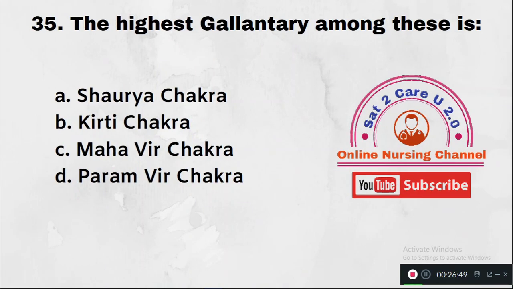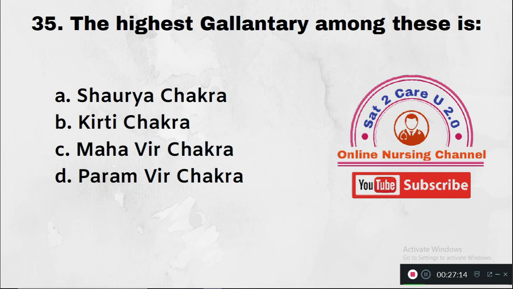Question number 35. The highest gallantry among these is option A, Shaurya Chakra, B, Kirti Chakra, C, Mahavir Chakra, option D, Paramveer Chakra. These are the medals given to soldiers and soldiers' family members for doing brave things.